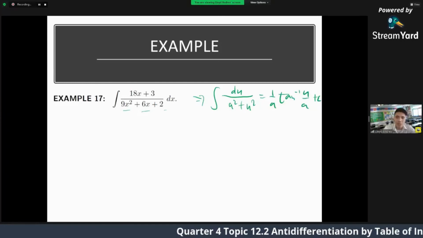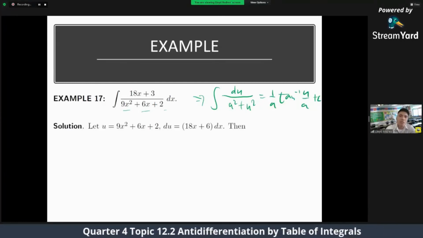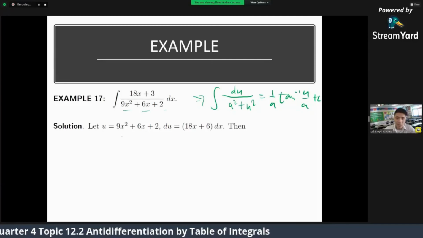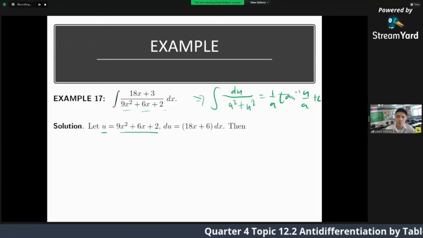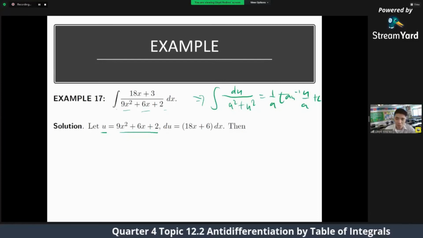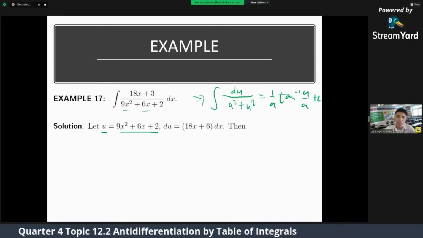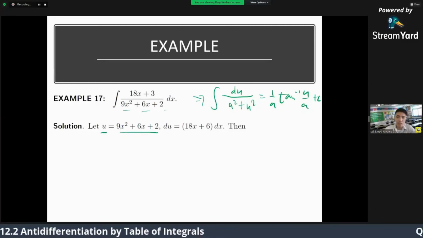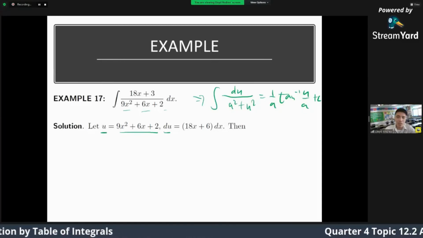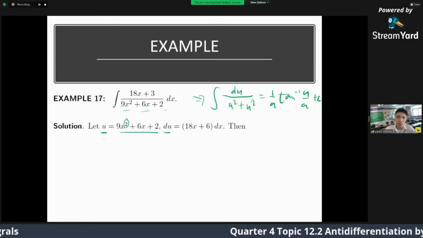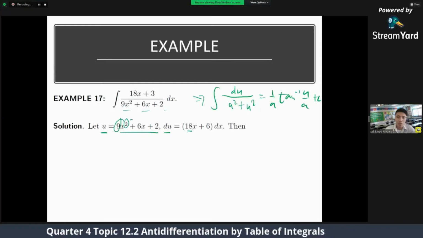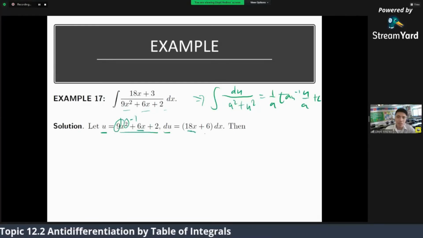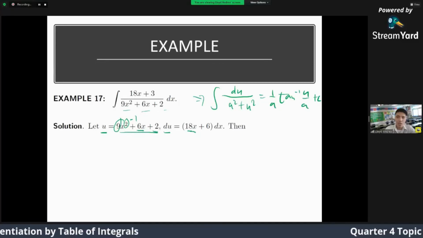This is the second pattern. So the first thing is to let u equal the denominator expression. Then, differentiating both sides, u becomes du, while the derivative of the 2 multiplied by 1 gives 18, and then minus 1 gives 18x, then 6, and the constant becomes 0.